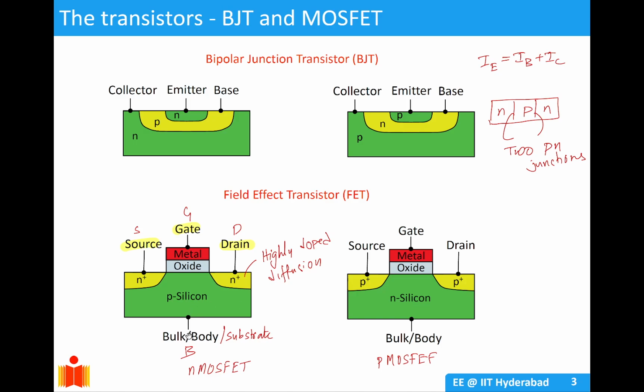This is an N MOSFET because this middle part represents an NMOS. Similarly, you can have a P MOSFET where the middle part represents a PMOS. So instead of P-type silicon, you have N-type silicon as your semiconductor, and your source and drain are highly doped P plus.